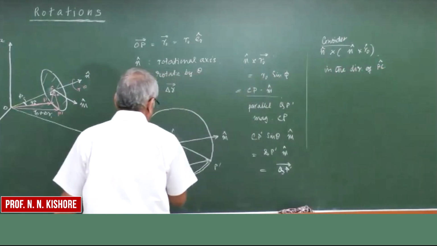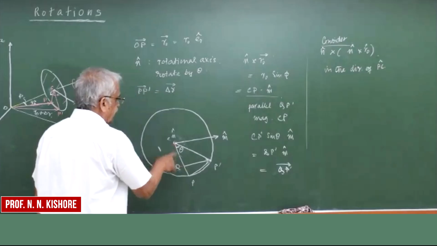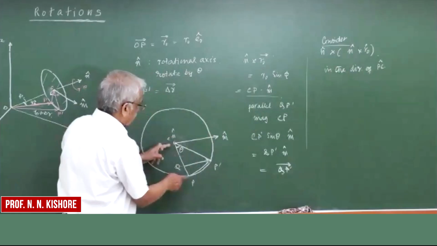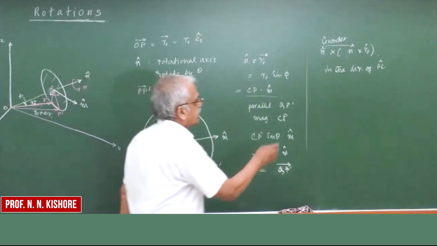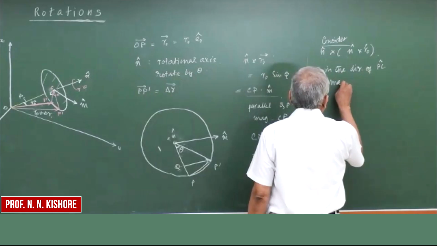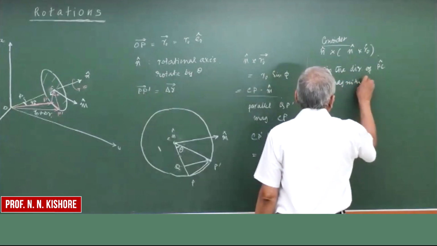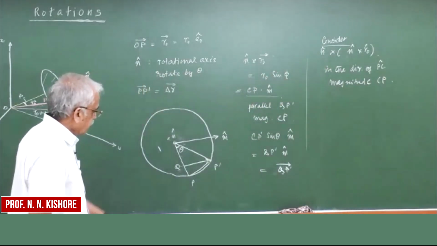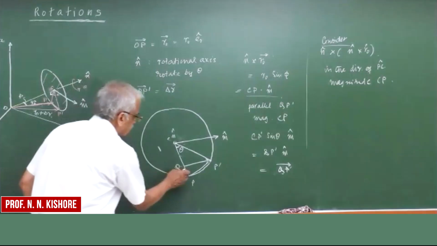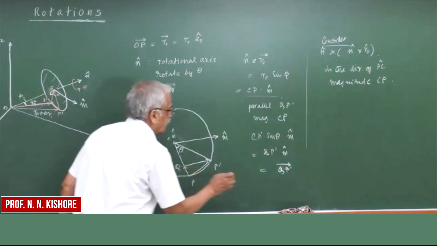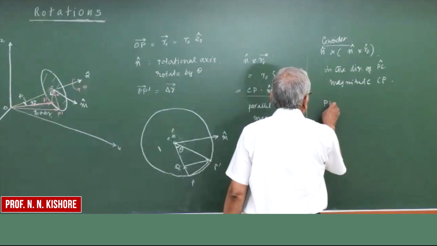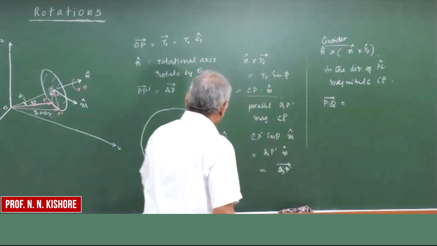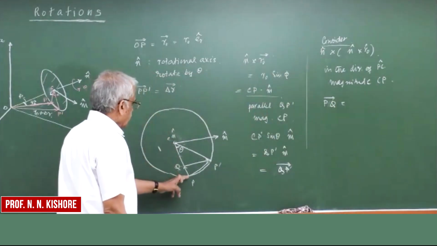Okay, so that's in the direction of P to C, and its magnitude, you can see, is CP itself, as we have done here. So if I just want the magnitude PQ, the direction is anyway this, and its magnitude is PC.